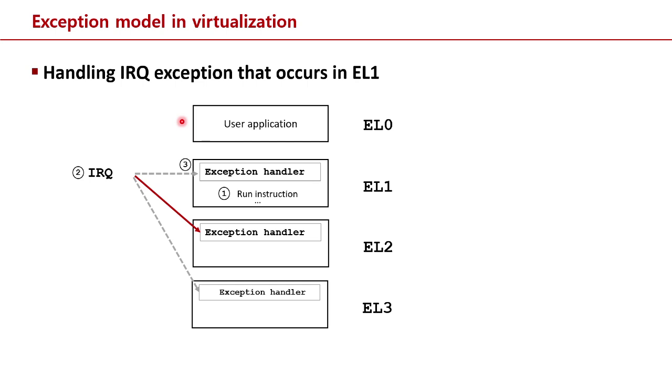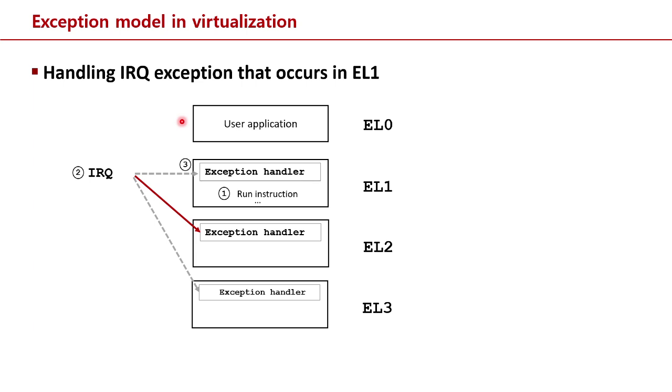Let's suppose that there are 3 guest OS in your system, and some of the peripheral devices can be shared across 2 or 3 guest OS. In this case, if that peripheral device signals an interrupt, there should be another software stack that will handle the interrupt from the particular peripheral device.